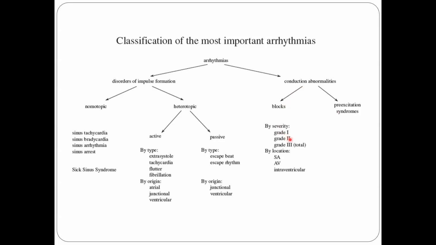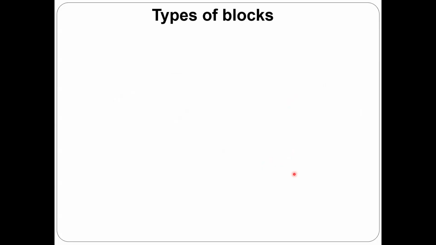Generally, based on the severity of the block, we talk about first degree, second degree, or complete block, the third degree block. And by location, we talk about the sinoatrial block, the AV junctional block, and intraventricular blocks.